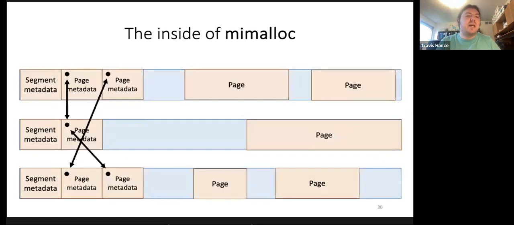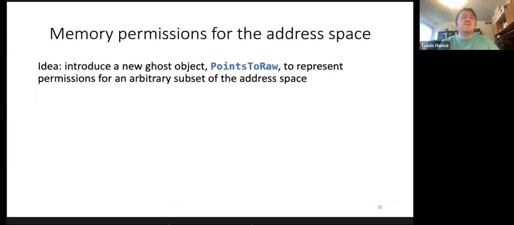Also these pages are arranged in doubly linked lists, which I'm not going to talk about much because it's really complicated. But suffice it to say, to do all this carving up of these segment data structures, the points-to permission I showed earlier is not quite sufficient. So the first thing we need to do is introduce a new ghost object, which we call points-to raw. Instead of representing a points-to for some typed T object, it just represents permission for an arbitrary subset of the address space.